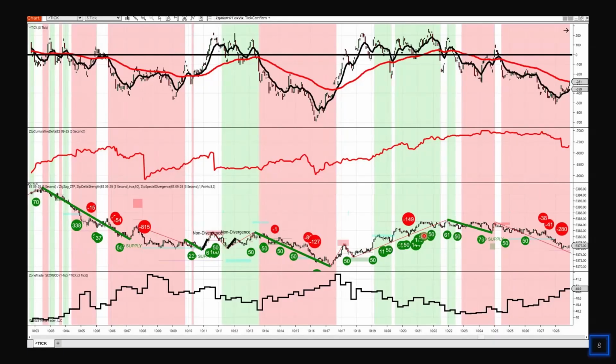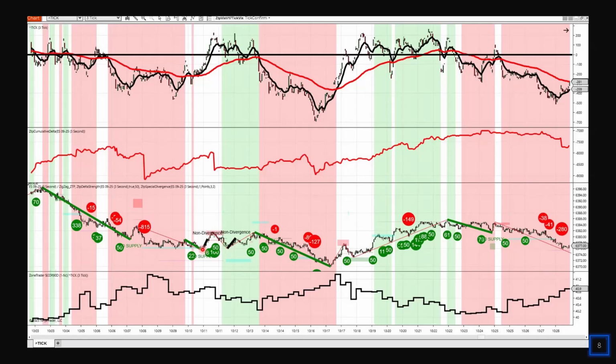The third panel down here is the ES itself, with a special version of my divergence indicator. It's looking for divergences from low to a high to a low. So what that looks like down here is from this point to this point there was actually a positive divergence.